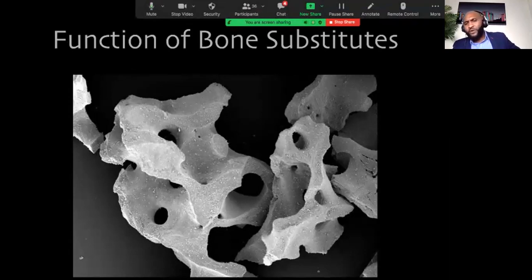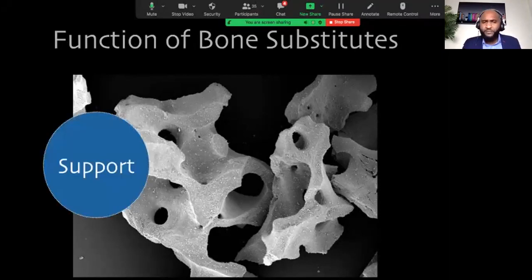Because I know one question that commonly clinicians ask is, what bone particles should I choose? If the particles are so small, it also means that there is not a lot of room for new bone to occupy. If they are huge particles, it also means it's difficult to handle and sometimes to just pack in the defect that you're working on. So it's important to know what kind of a defect you're working on as you choose whichever bone material.